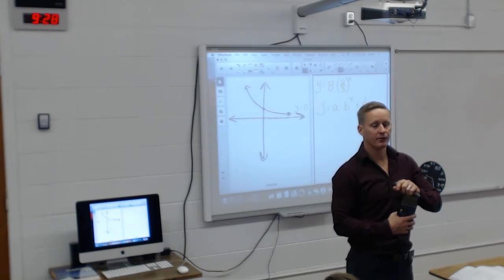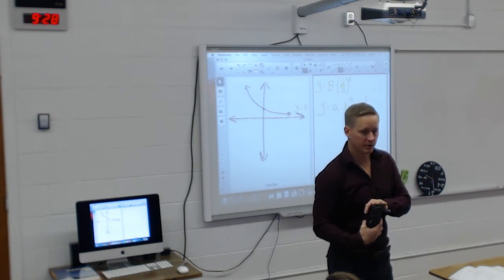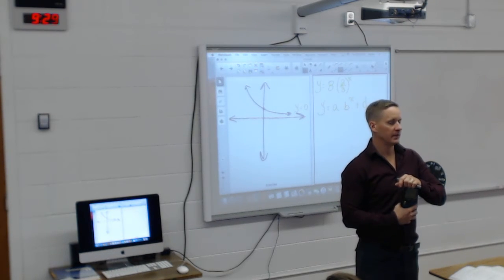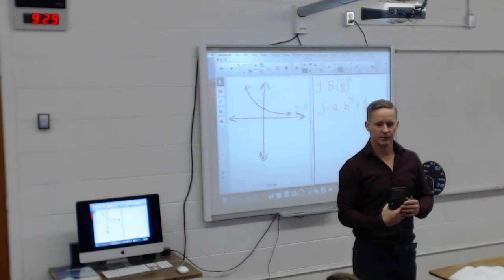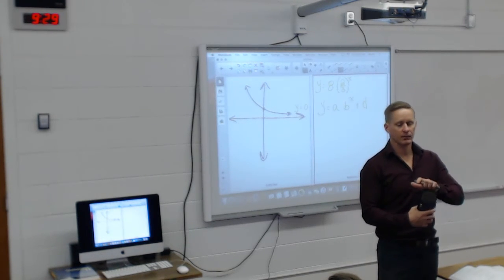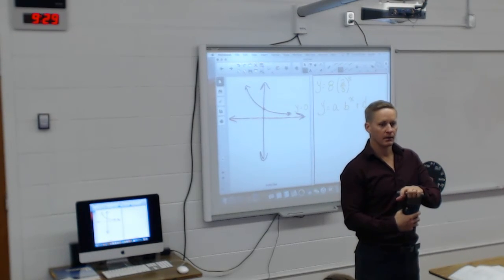There are easy ways to do it, I'm sure, but I like the regression on this calculator way better. So if I'm using regression graphs, I would use this all the time because it's very simple to do. You've been doing it for a year now.